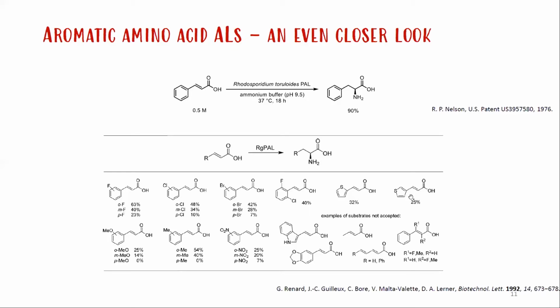So soon enough, some of those reactions were tried out. This is also, I believe, a wild type phenylalanine ammonia lyase from a species of fungus. And we see here that various groups are accepted to some extent. What is very interesting is that regardless of the electron donation effects of the group, ortho substituents are always better than meta, and then meta is always better than para.